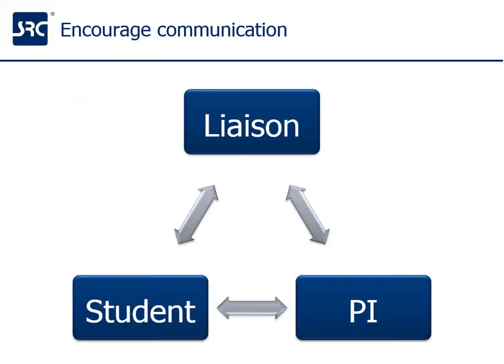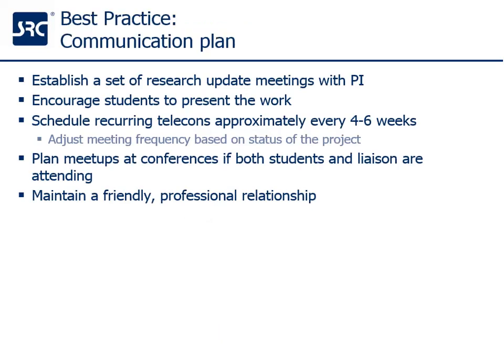Professor Romanoff could get advice from Stark about how her research can best be used in real-world scenarios. And Stark could even hire Parker for a summer internship or perhaps even hire him as a full-time employee. It's the responsibility of not just the liaison, but also the PI and the student to maintain their end of communication. And with that, I want to present another best practice, which is a communication plan.